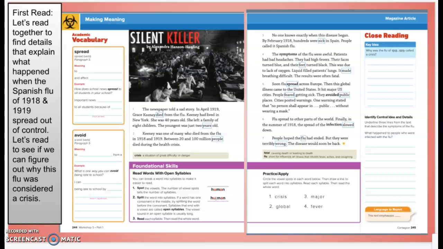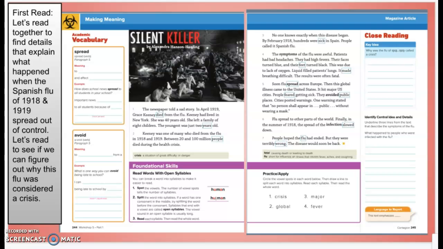All right, so your job, as we read, we found some information. We were told some information in the article about some of the symptoms and some of the results of this Spanish flu.